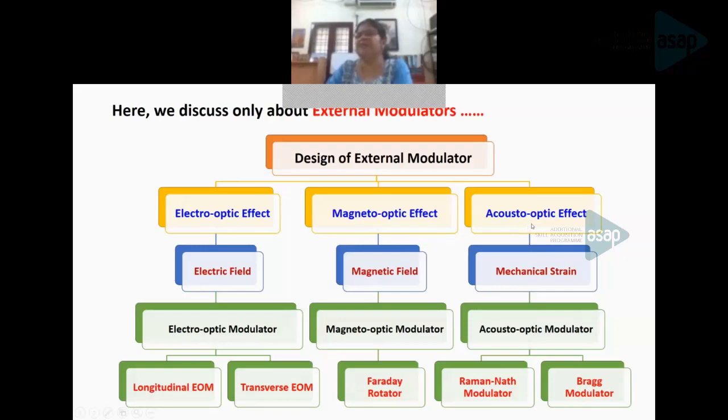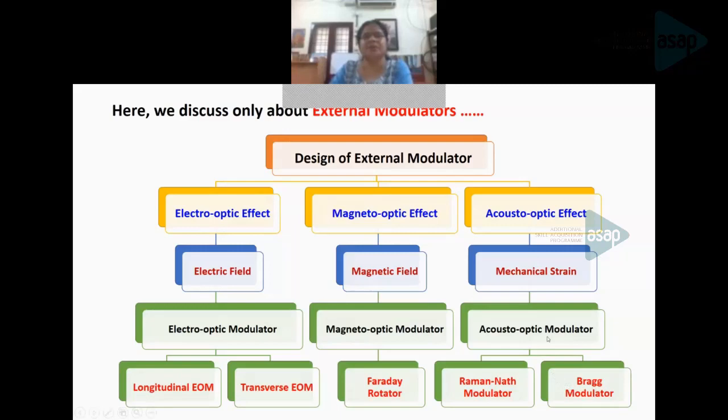You already know about this acousto-optic effect. I think in your lab you are doing the ultrasonic experiment. In that, acoustic waves produce mechanical strain through piezoelectric crystals and form an artificial grating inside the medium. When light is incident on this artificial grating, it gets diffracted, so you are viewing those diffracted images. If the thickness of this artificial grating is large, you will get Bragg diffraction, and you can see only one diffracted mode, one diffraction image.